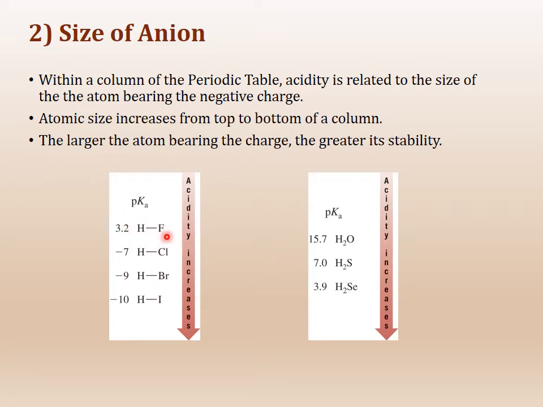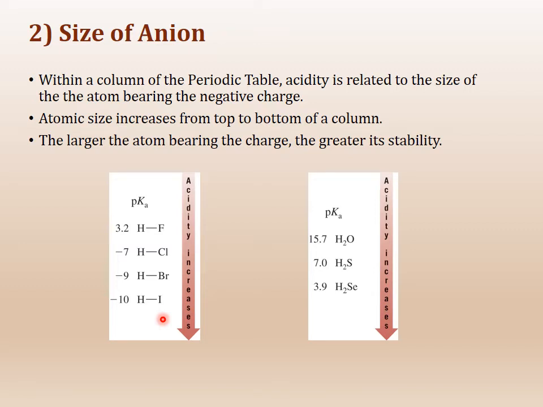HF, on the other hand, the fluoride ion, is a very small ion. It cannot really hold on to the negative charge, even though it's very electronegative, but the size is very small. And therefore it's not such a strong acid compared to HI. Within the same group, the hydroiodic acid is the strongest acid.